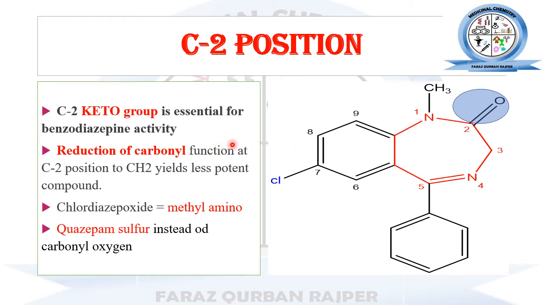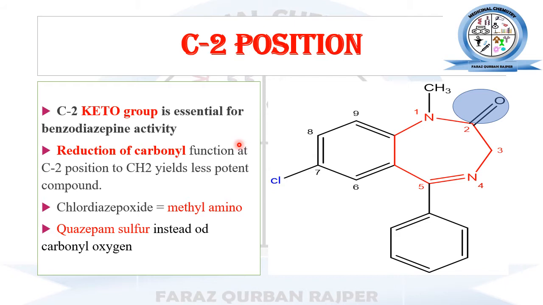So if we reduce this carbonyl functional group and convert it into a methyl or CH2 group, this causes a decrease in the activity of benzodiazepine, and its potency also decreases.